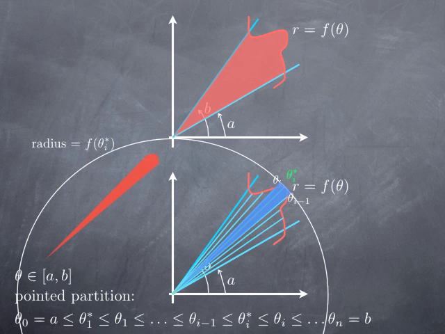So this circular sector closely approximates the area that we want to evaluate, and the circular sector we know how to calculate its value, because since we know the area of a disk, we know the area of a sector in a disk.